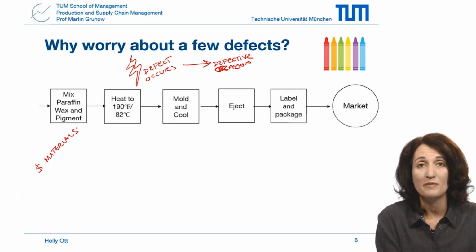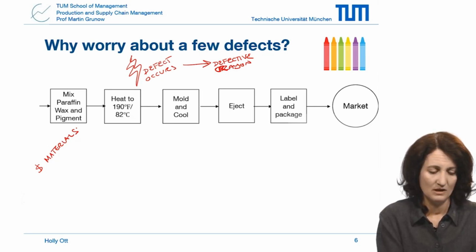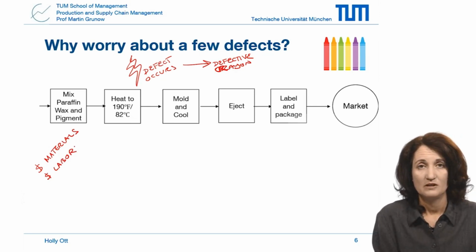Even when we scrap the batches, we know that it's a small amount of money. But where else do we have costs? Well, we have also the labor that went into making that crayon. So the people that we've hired for our process, they're there to make the products, and we're paying them for making parts that we cannot sell.